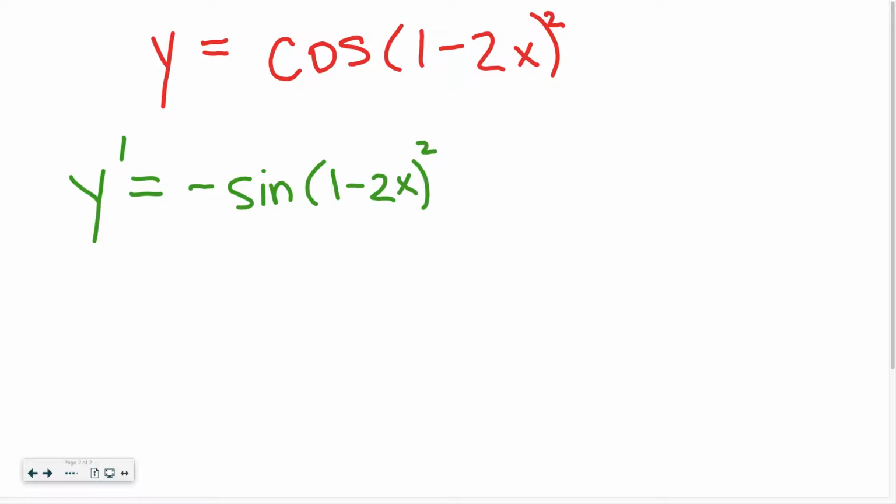Then our inside is this right here. We have a composition where we need to worry about what rule first? The power rule. You don't have to write the one, I'm just doing it for dramatic effect. And then inside of that, we have this. And what is the inside derivative? Negative 2.